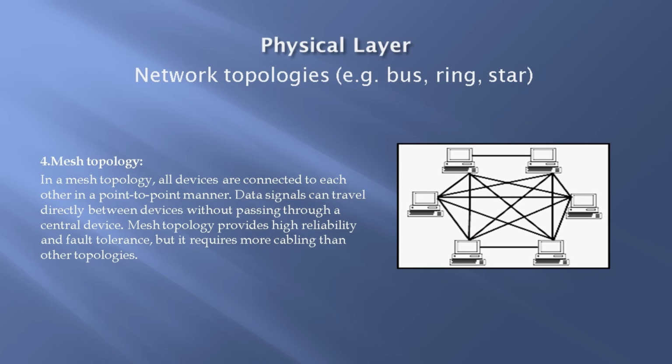Mesh topology. In a mesh topology, all devices are connected to each other in a point-to-point manner. Data signals can travel directly between devices without passing through a central device. Mesh topology provides high reliability and fault tolerance, but it requires more cabling than other topologies.